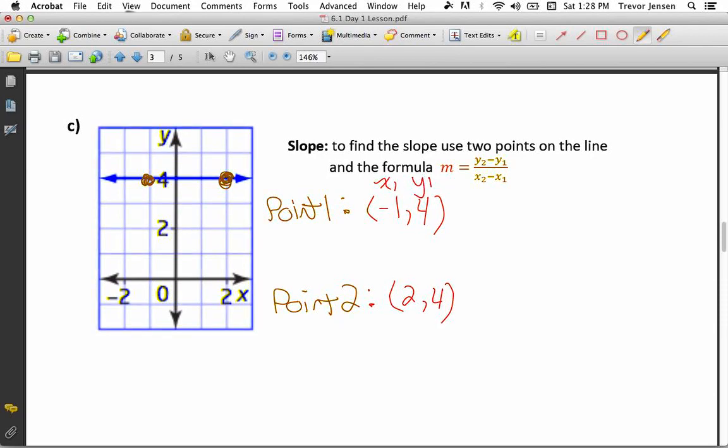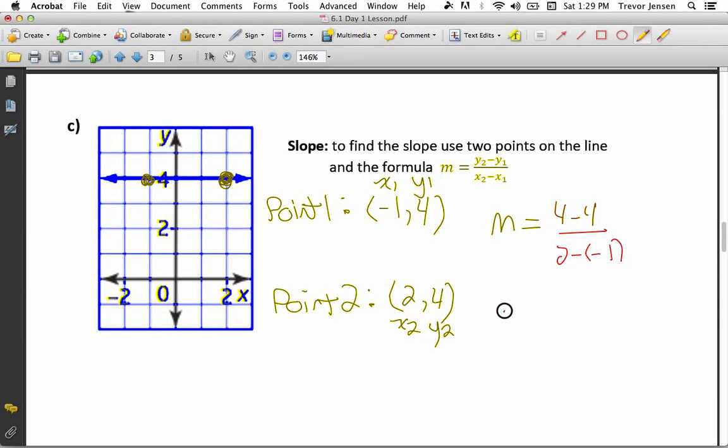My second point, x2, y2. Because remember, every point has an x and y coordinate. My first point has my first x coordinate and my first y coordinate, and the second point has my second x coordinate and my second y coordinate. If I want to calculate the slope, plug that into y2 minus y1 over x2 minus x1. I get 4 minus 4 divided by 2 minus -1. That gives me 0 over 3, which equals 0.